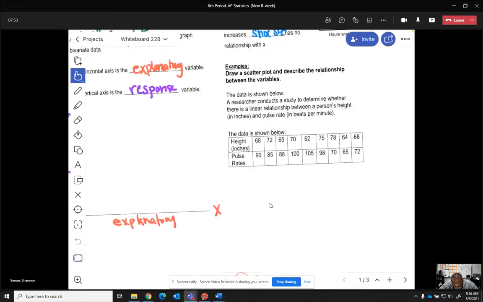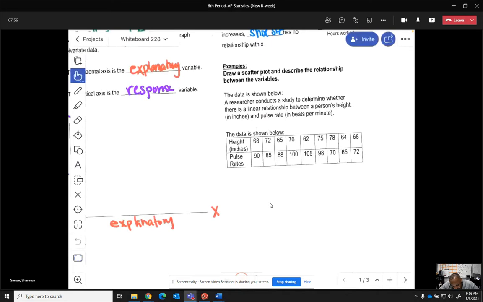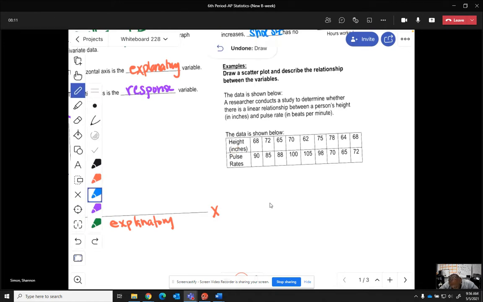For this particular data, we can draw a scatter plot. A researcher conducts a study to determine whether there's a linear relationship between a person's height and their pulse rate in beats per minute. Height is going to be your predictor or explanatory, so this is the x. Your response is your pulse rate, y.